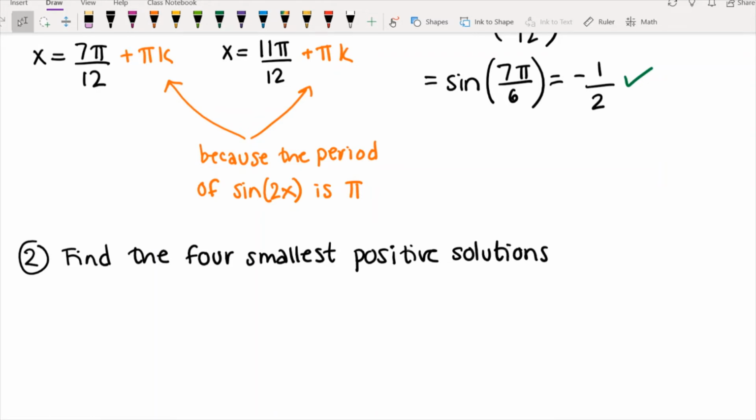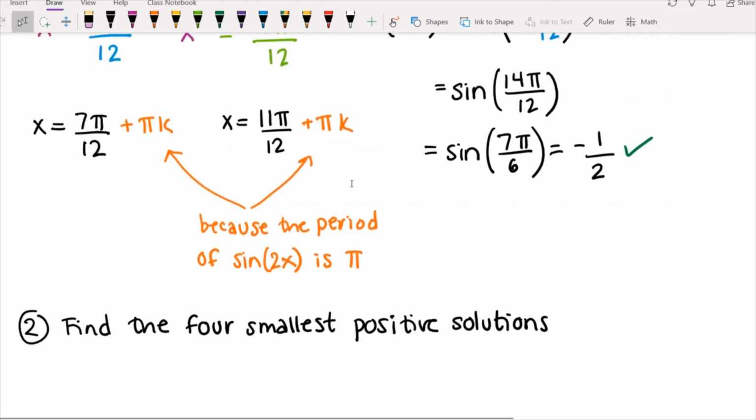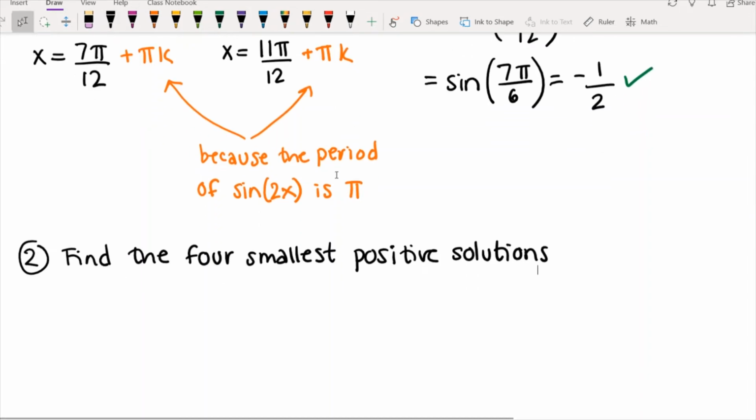So what are the first 2 smallest positive solutions? Well, we already found them. That would be 7 pi over 12 and 11 pi over 12. So those are the first 2 solutions that we get. So we have x is equal to 7 pi over 12, and x is equal to 11 pi over 12.